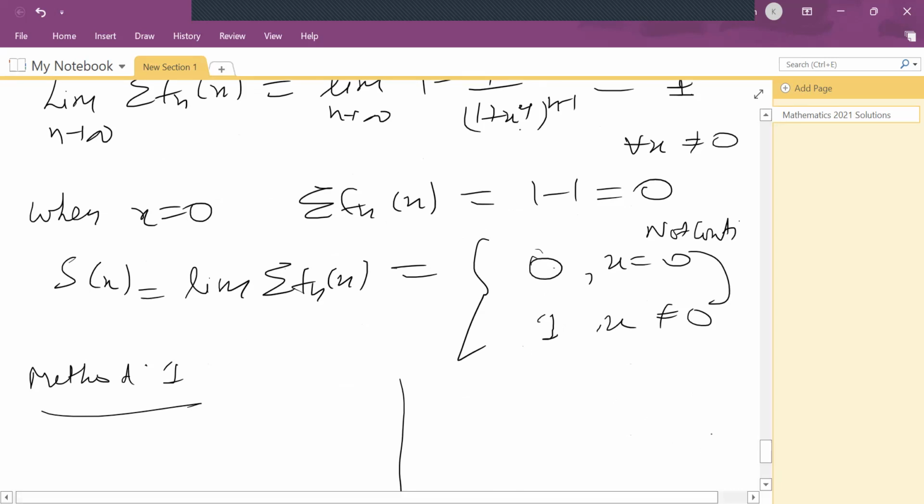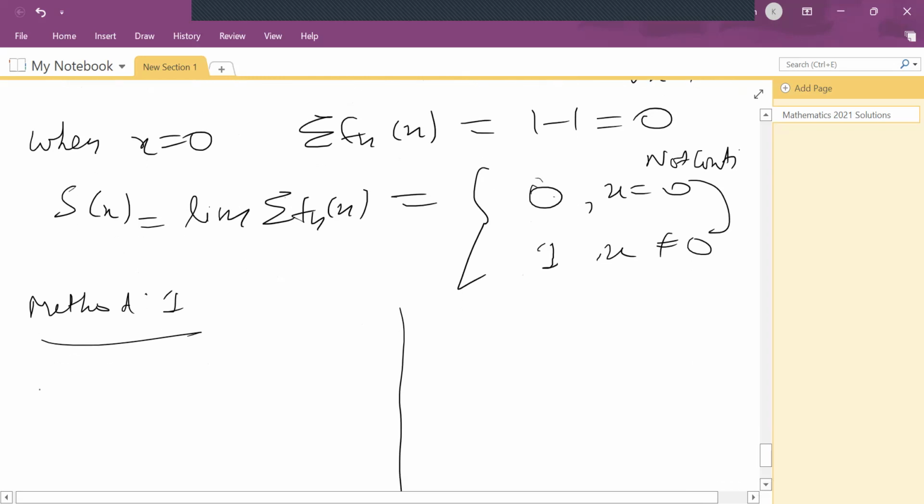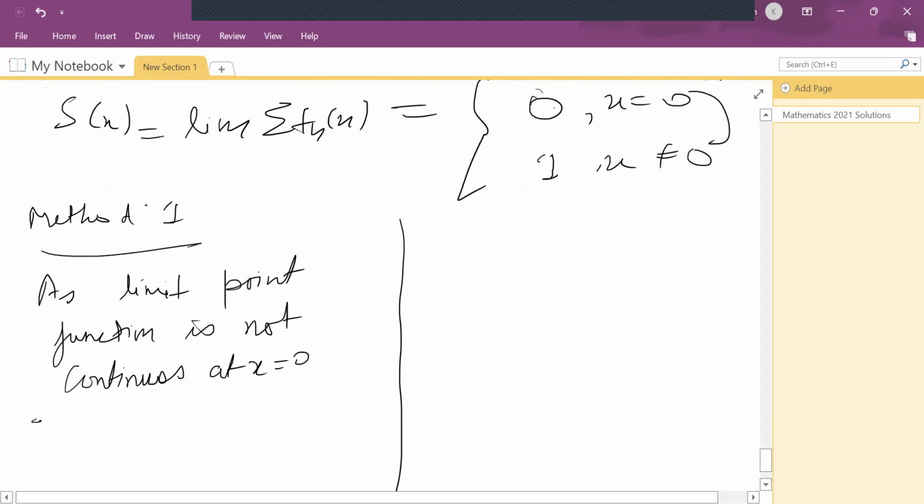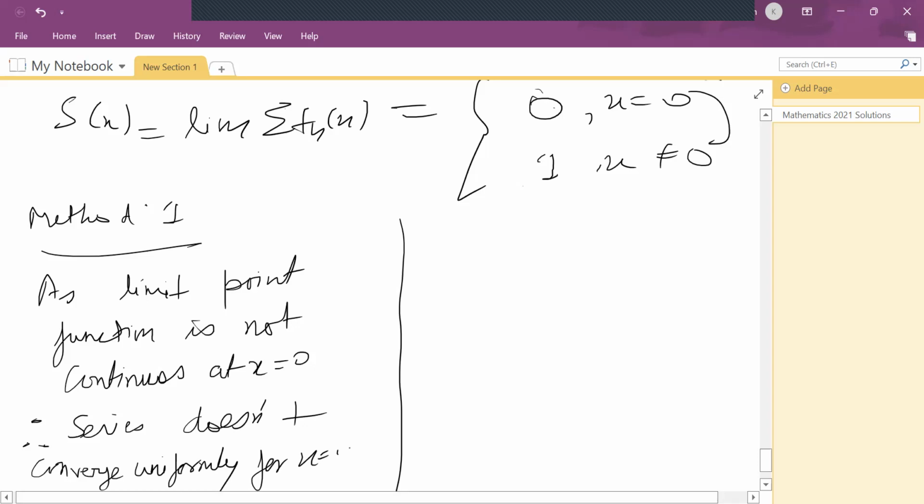So you can directly say that as the limit point function is not continuous at x equals 0, therefore the series does not converge uniformly for x equals 0. So in the interval 0 to 1, it is not uniformly convergent.